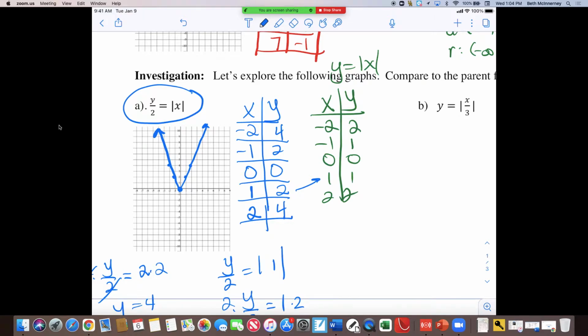So do you notice that instead of going right 1, up 1, I went up 2, right 1? So on the y-axis, I went up further. This is referred to as a dilation or a vertical stretch of 2.